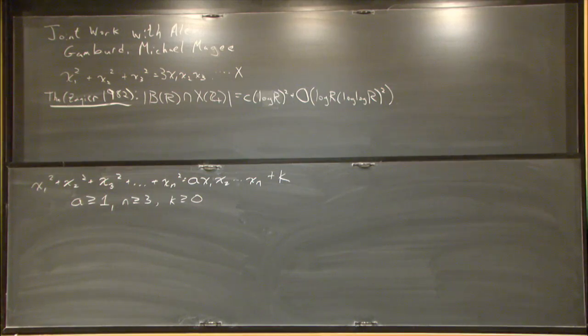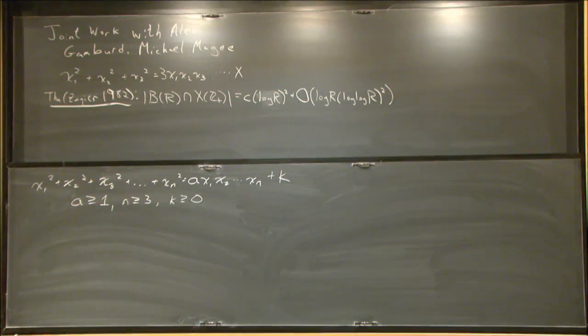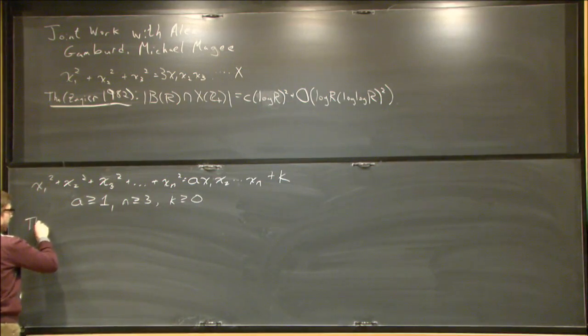So if there were a similar looking formula for the n variable case, we might expect at first glance something like a constant times log r to the n minus 1. That was at least my first impression, but that's not the case, and that is what Baruch showed. So I'll state the results.